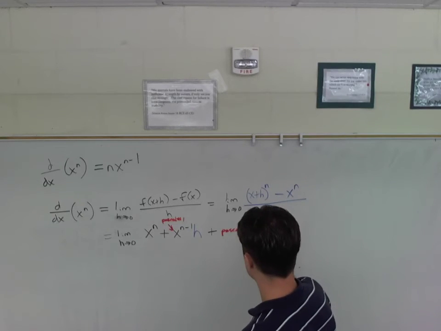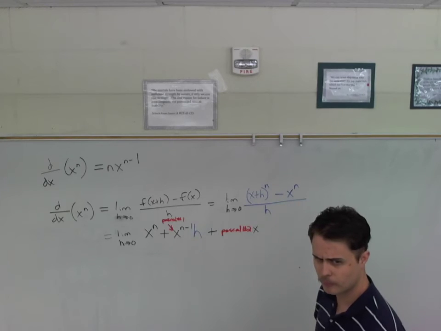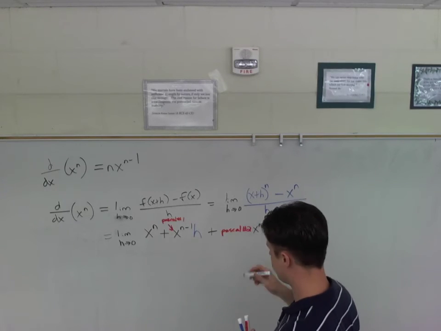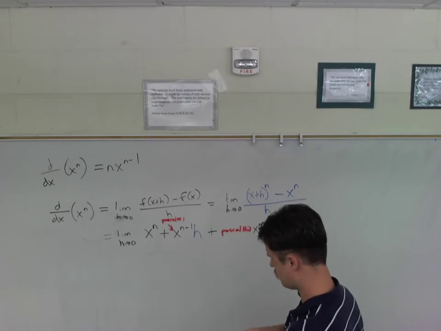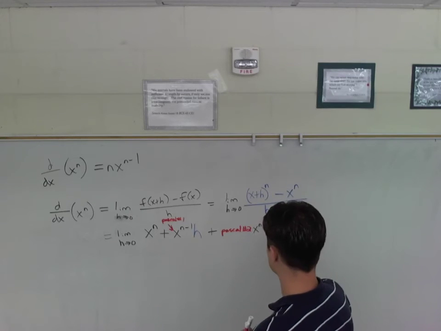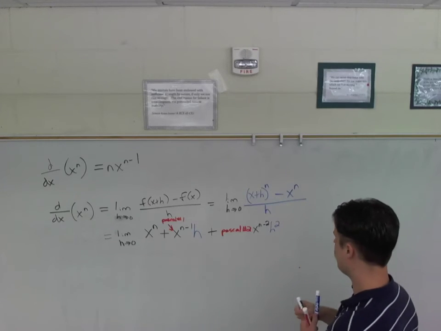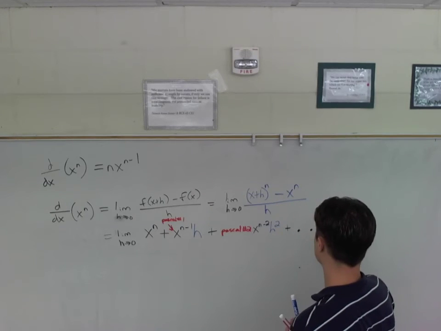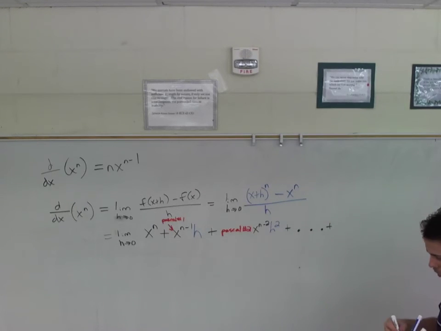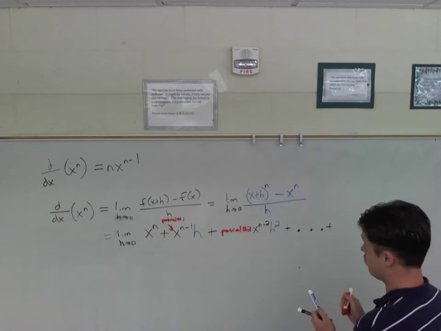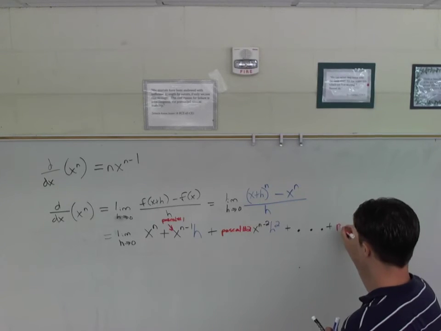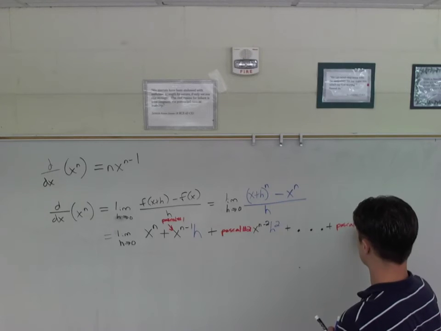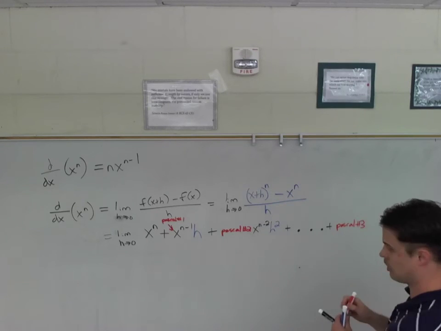And it's times x to what power? n minus 2. And how many h's? 2 of them, squared, right? Okay, then we don't know how long this process is going to continue, so let's say plus dot dot dot plus. Let's write out a couple on this side. So we're going to have some Pascal number again. We don't know which one it is. We'll call it Pascal number 3.